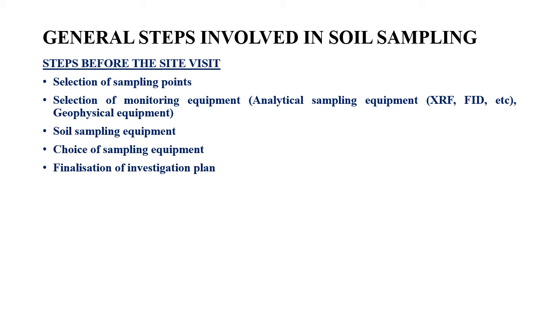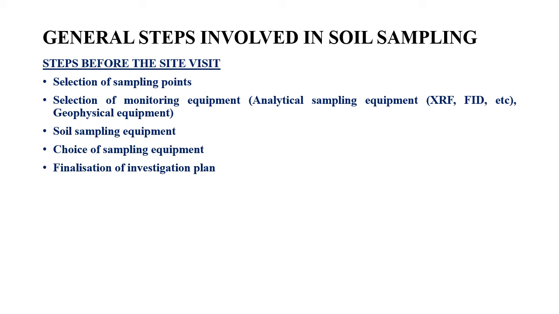Now, which sampler to choose for your sampling procedure? That depends on factors like the depth up to which you have to do sampling, and whether you want to collect disturbed or undisturbed samples, that is, the quality of samples collected. Obviously, whichever equipment you use should be easy to handle. Especially, it should be something that can be easily decontaminated, because every time your sampler is going to come in contact with contaminants.